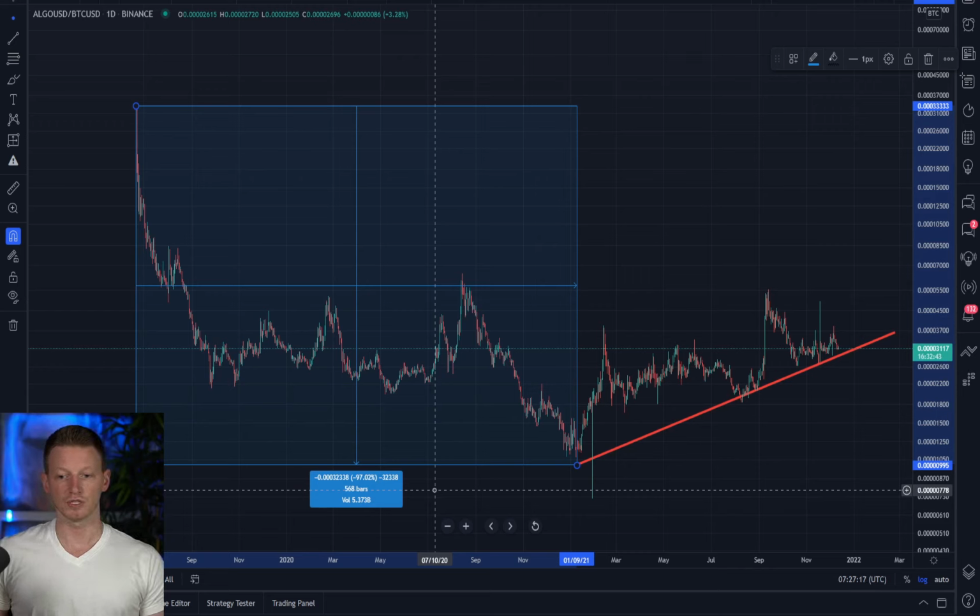But overall, if you are investing heavily in Algorand, you're investing in an asset which, over the last 2.5 years, is getting crushed by Bitcoin if you're a day one holder.